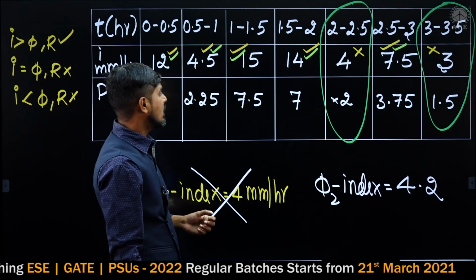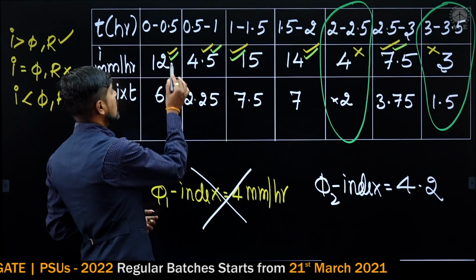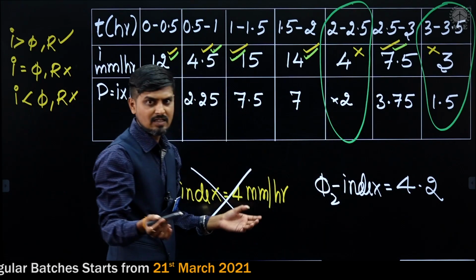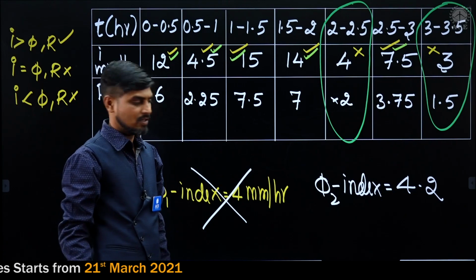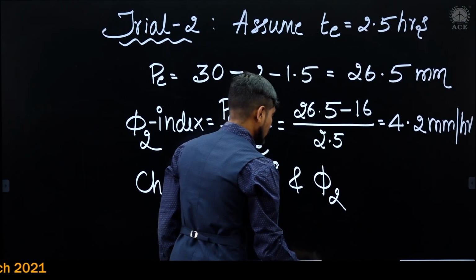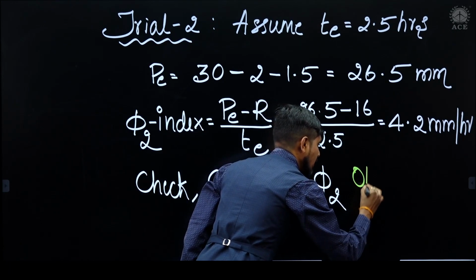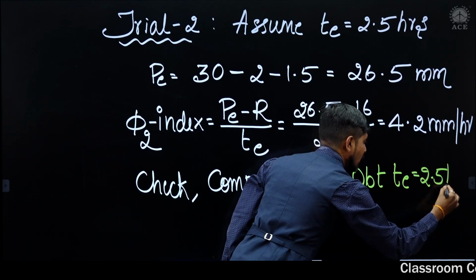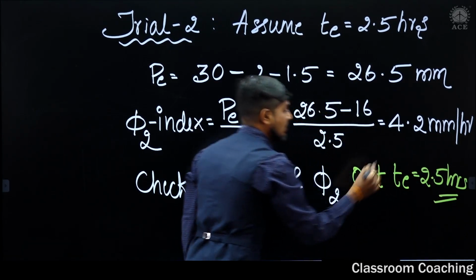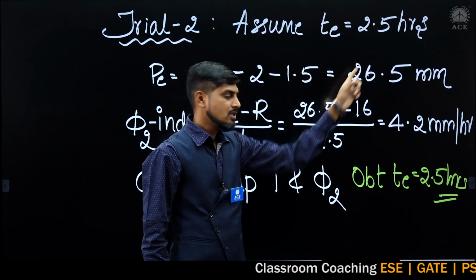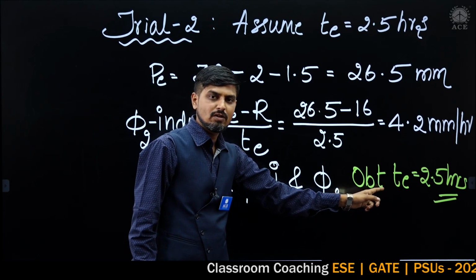Now what is your TE here? 1, 2, 3, 4, 5. 5 half-hours, that is nothing but 2.5 hours. So finally, obtained TE is equal to 2.5 hours. My assumed TE is 2.5 hours, obtained TE is 2.5 hours.